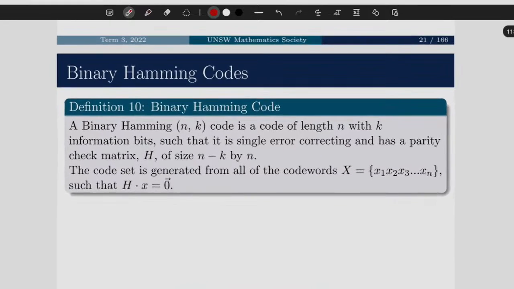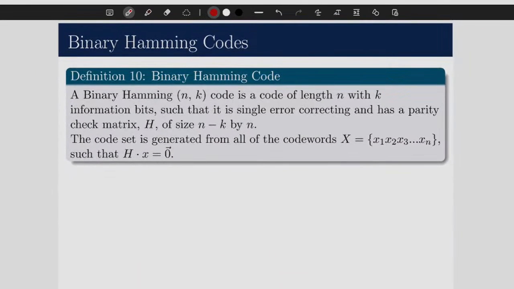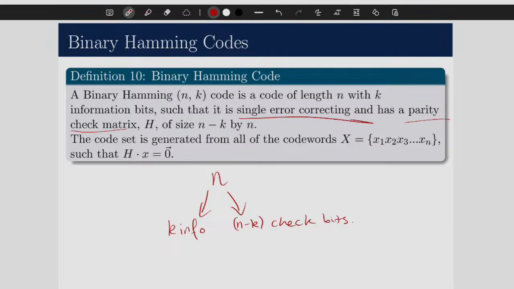Okay, binary Hamming codes. So a binary Hamming code is a code of length n with k information bits. So if I have just n where I have k information bits, then actually the alternative is I have n minus k check bits, right? Check bits. And the condition for a binary Hamming code is a single error correcting, and it has that parity check matrix, right?